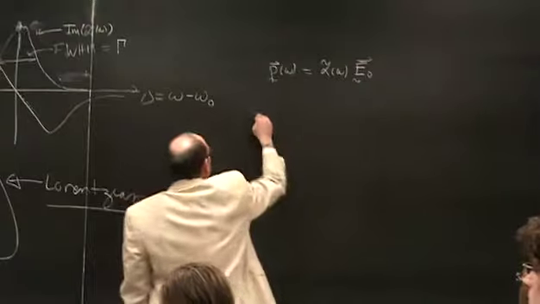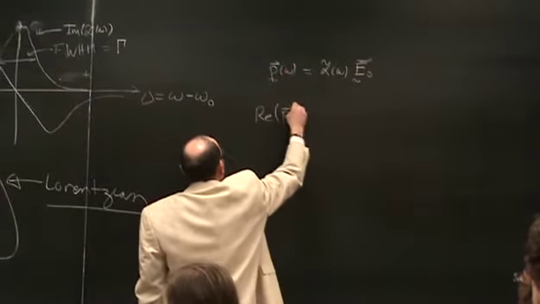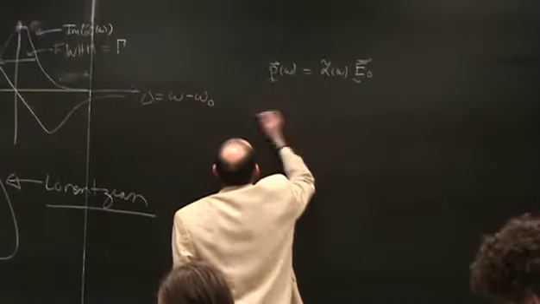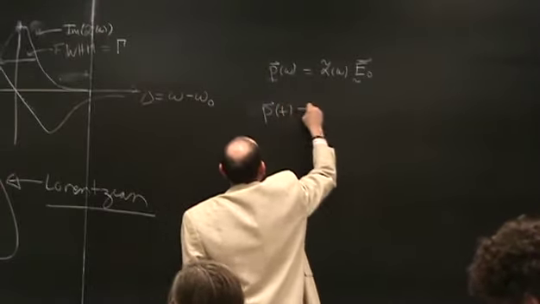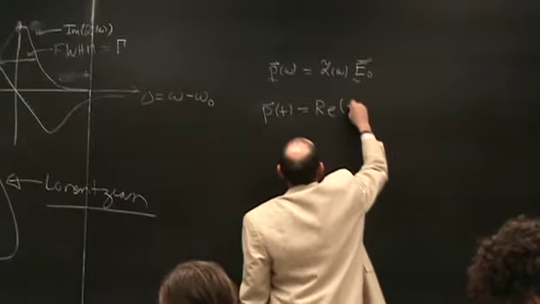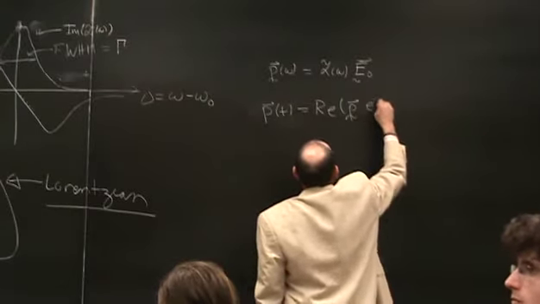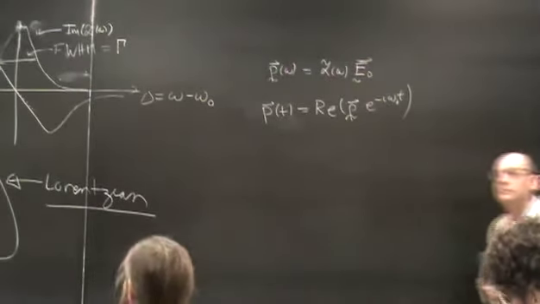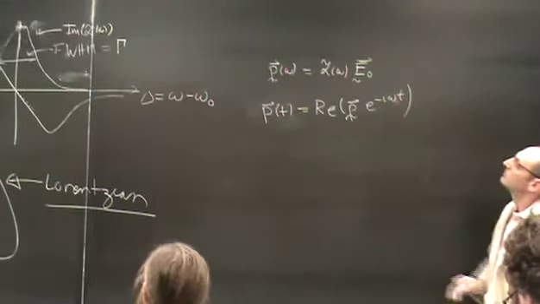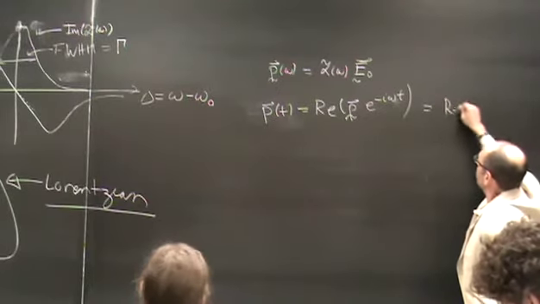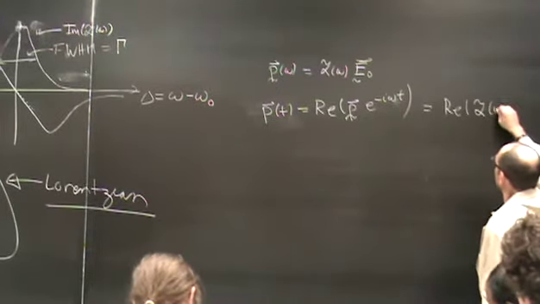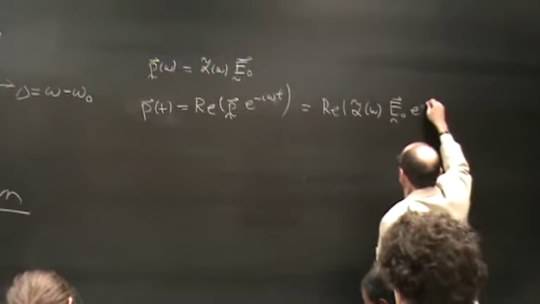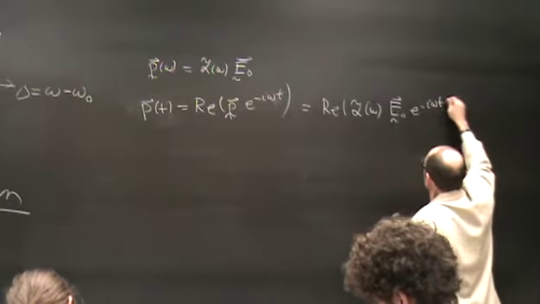So that means that the real dipole moment as a function of time is the real part of this complex amplitude e to the minus I omega t. So let's plug that in. That's the real part of alpha twiddle E0 e to the minus I omega t.